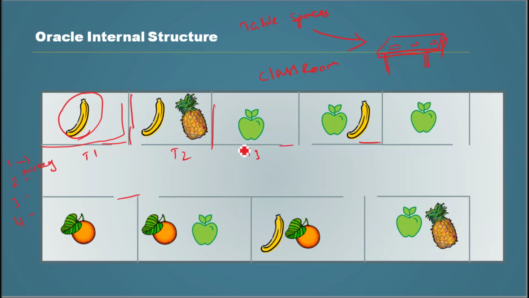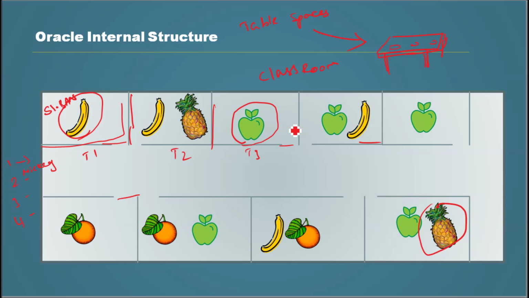He also brought one apple. He can keep his apple here, and he brought a pineapple. He kept his pineapple here. So this is student one, let me call him S1, and his banana.